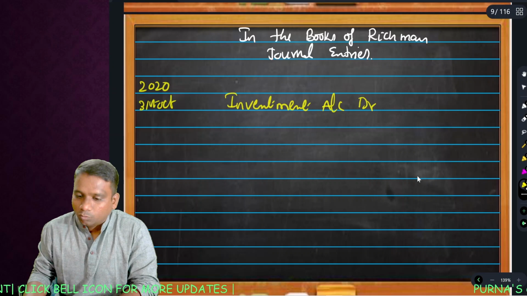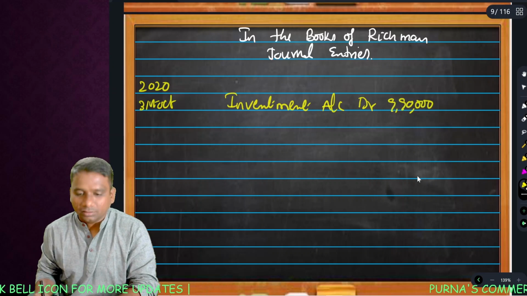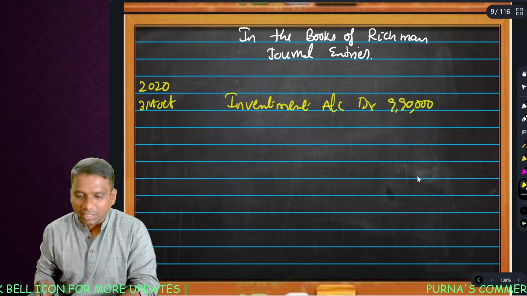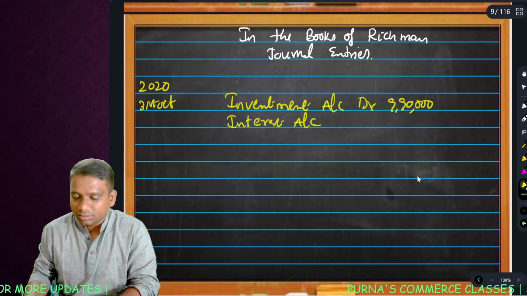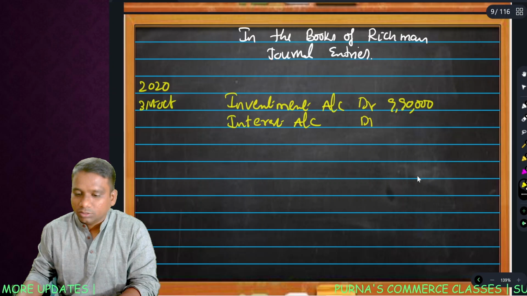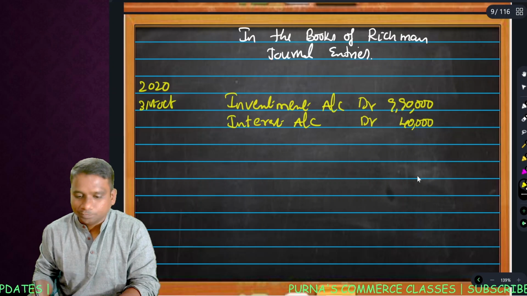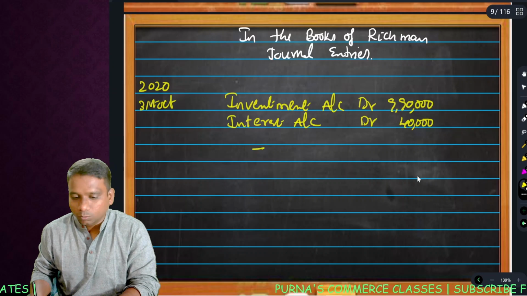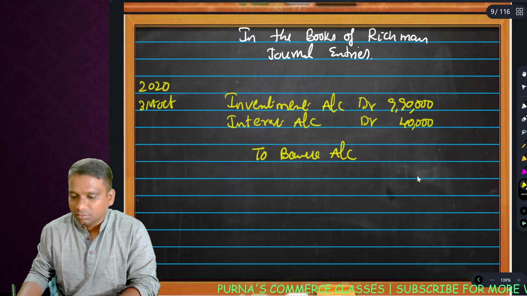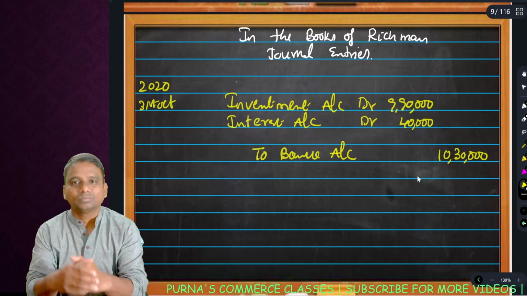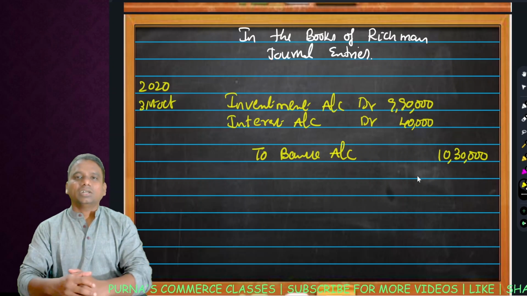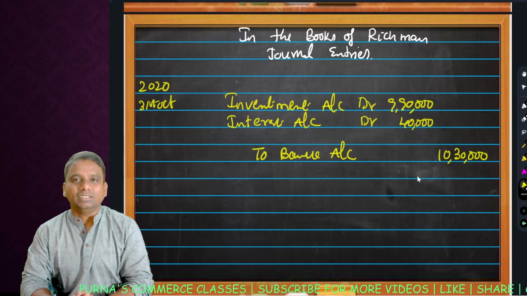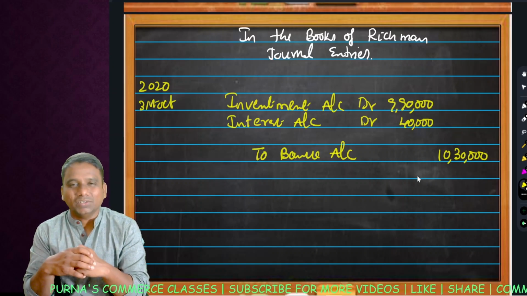What is the amount towards investment? 9 lakh 90,000. And he is paying some portion towards interest. So interest account debit 40,000. To how much total amount he is paying? 10 lakh 30,000. This is the entry in the books of Rich man. So this is the concept of cum interest and ex interest. I hope you understood this concept.